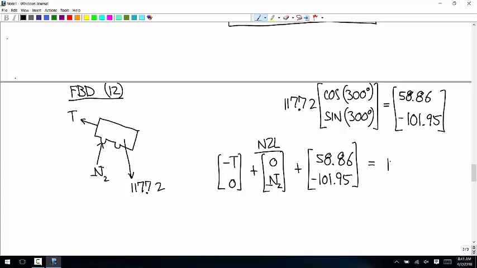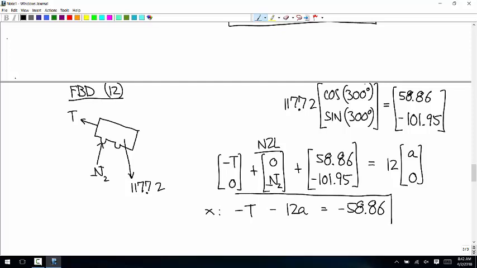And that's all equal to the mass of 12 times the acceleration vector of a, 0. Yeah, so the x equation here is going to say negative T minus 12a is equal to negative 58.86. And that's double star.